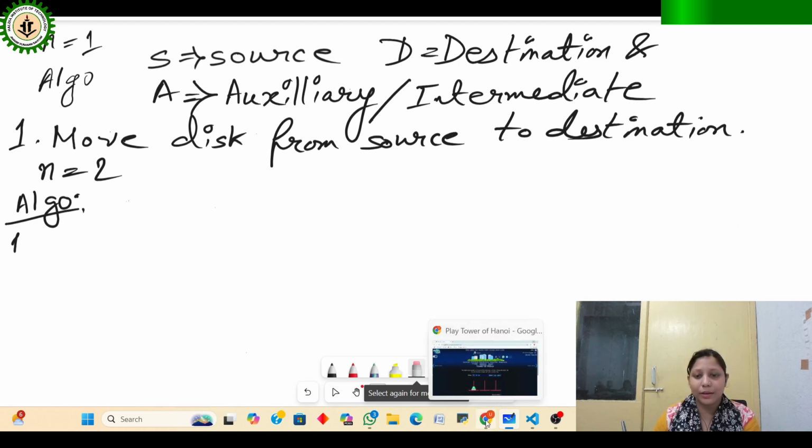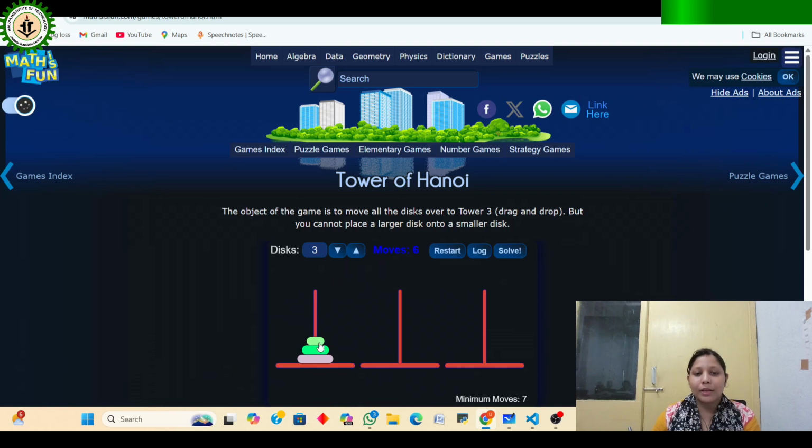Before that, see here, this is a 3 disk Tower of Hanoi. This pink one is the nth disk. This is the n minus 1 and this is n minus 2. Our first objective will be to move the nth disk to the destination.